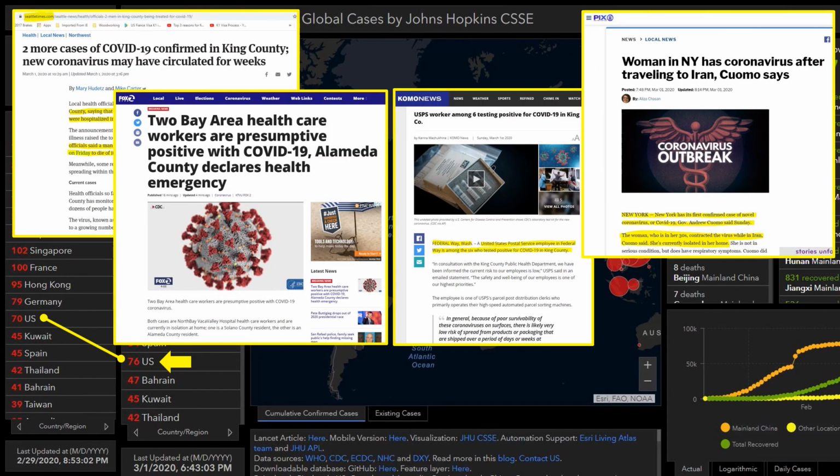Then what else do we have? 2 more COVID-19 confirmed in King County. This is in the greater Seattle area. 2 Bay Area healthcare workers are presumptive positive. This is what's really crazy. When you presume somebody's positive and you want to give them a test, you have to send blood samples to the CDC, which is crazy.